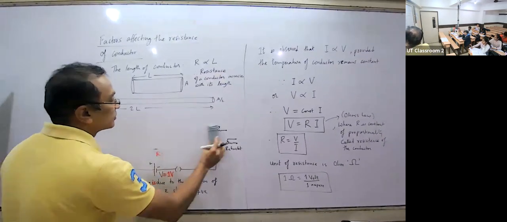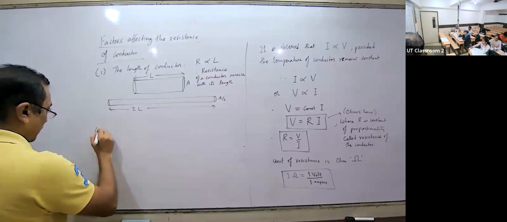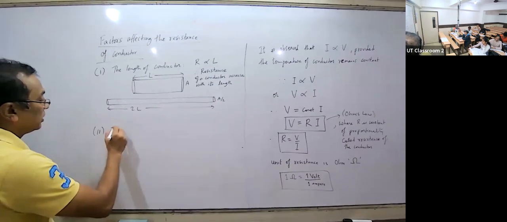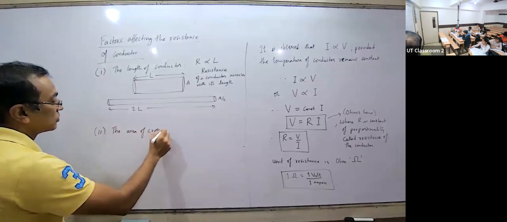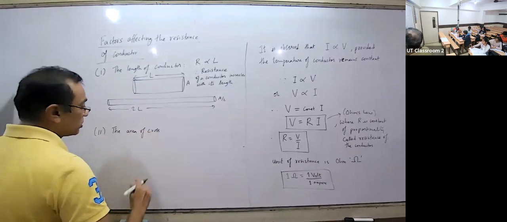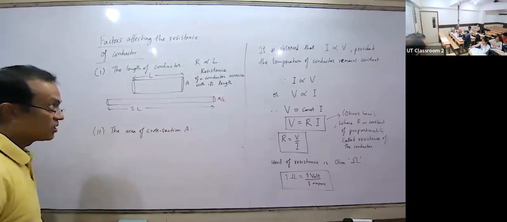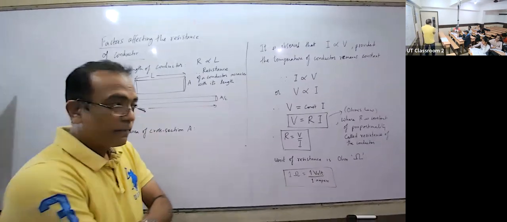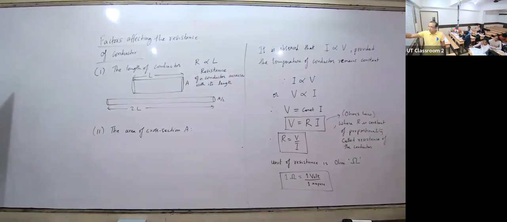What about the second? What about the area of cross section? What is the relation between area of cross section and resistance? Let's say its resistance is R1.